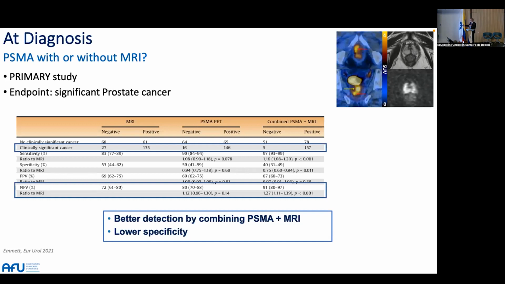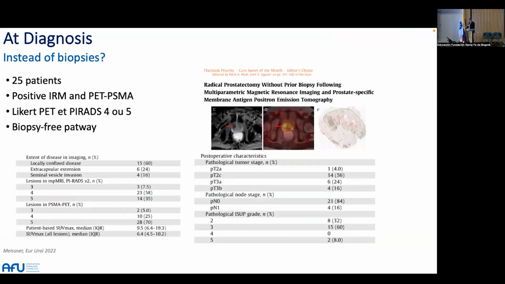And if you look at the negative predictive value, you see that if you use MRI only, you have 70% negative predictive value. If you use PET PSMA, you have 80%. And if you use a combined PSMA and MRI, you raise until 91%. You increase the sensitivity, but you decrease the specificity.